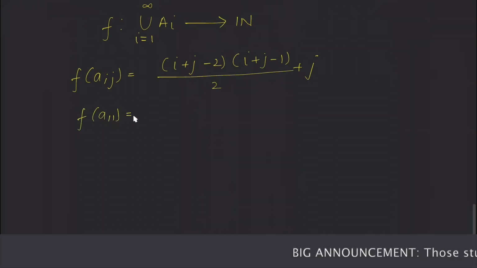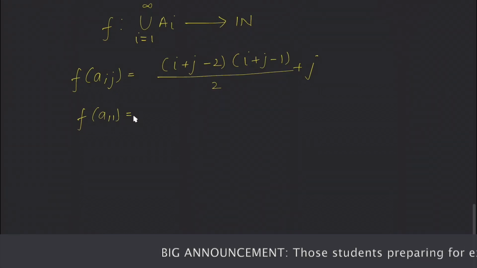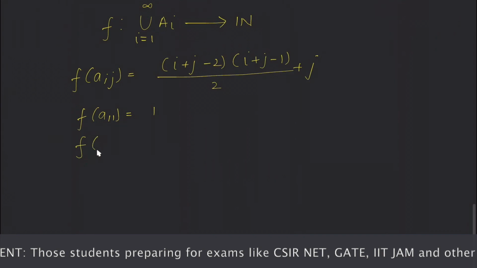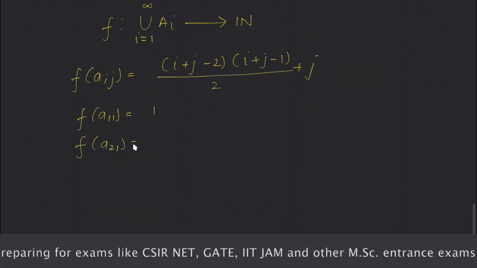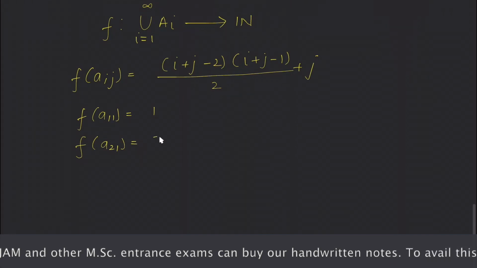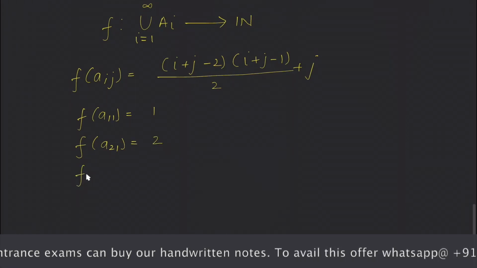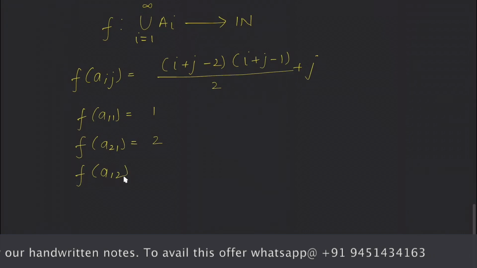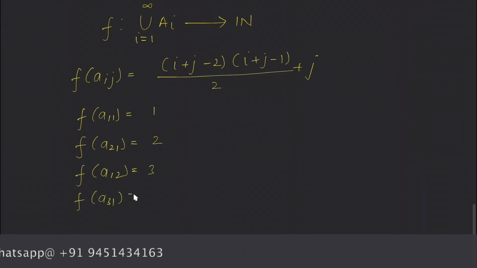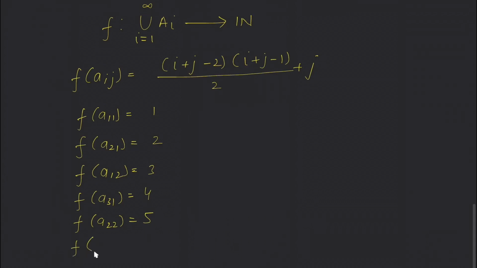So from this mapping, f of A11 will be, here i is 1, j is 1, when you substitute the values we get 1. Then f of A21, here i is 2, j is 1, on substituting we get 2. Similarly, f of A12 will be 3, f of A31 will be 4, f of A22 will be 5, and f of A13 is 6.